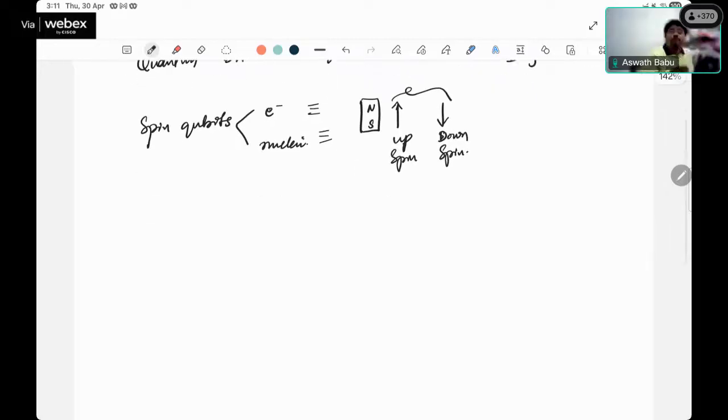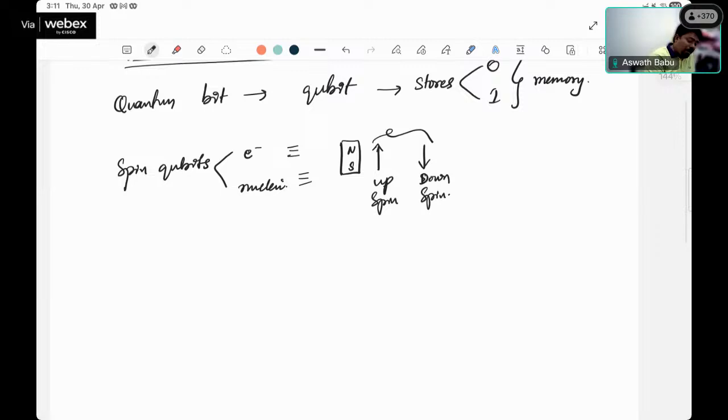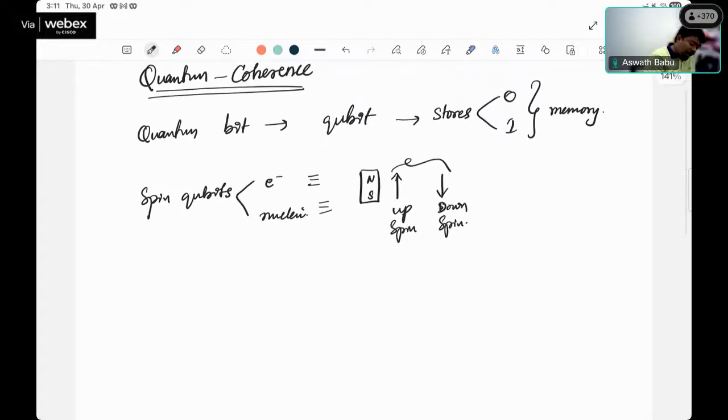So in that way, I can prepare a superposition state of a quantum system, let's say an electron, in a ket form, a matrix form, or a vector form.